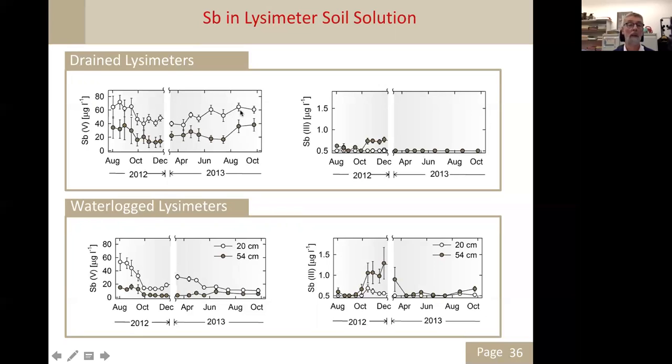They did not in the other soil that was not waterlogged. Here we found also some reduction to antimony 3 in the lower parts, but nothing after the waterlogging. And we found a slight increase in antimony 3 over time in the lower horizon in the waterlogged soil solution set.